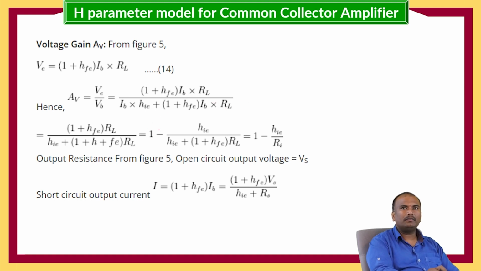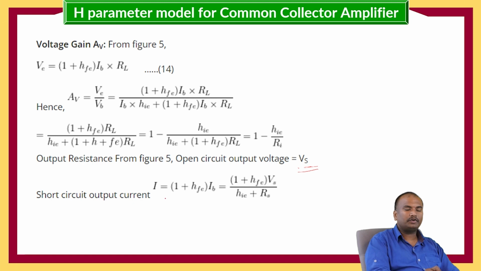You will get 1 minus HIE by HIE plus 1 plus HFE into RL, that is equal to 1 minus HIE by Ri.